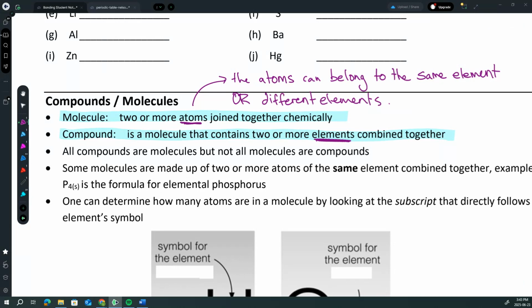Compounds are molecules that contain two or more elements, not necessarily just atoms, but two or more elements combined together. So with this distinction, we can say all compounds are molecules, because all compounds are made up of atoms, but not all molecules are compounds. And that's because not all molecules have two or more elements that are making them up.